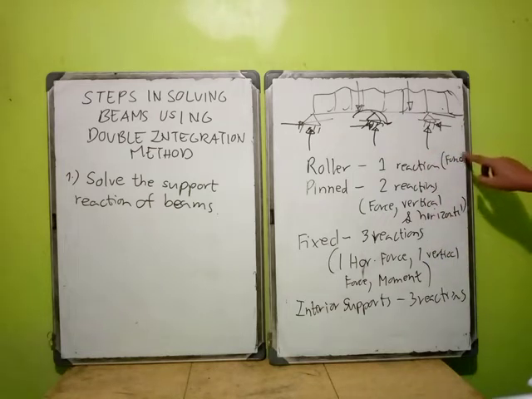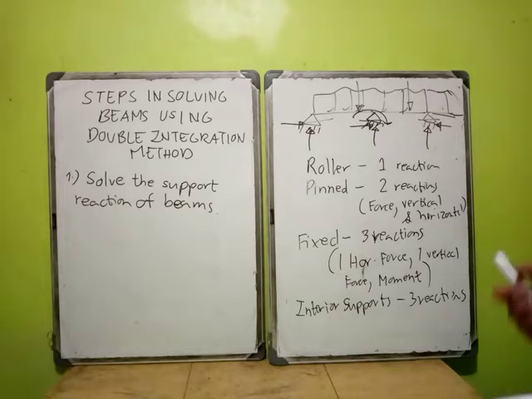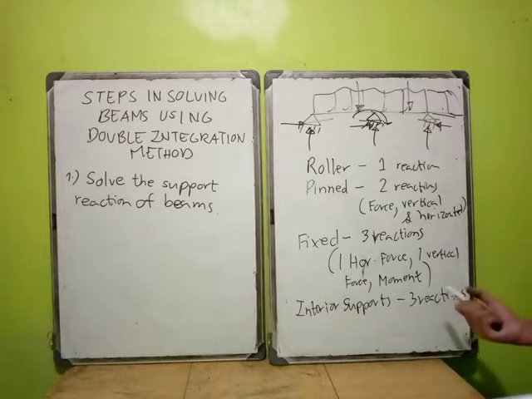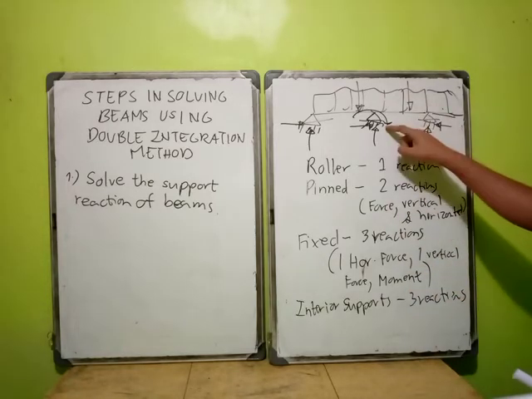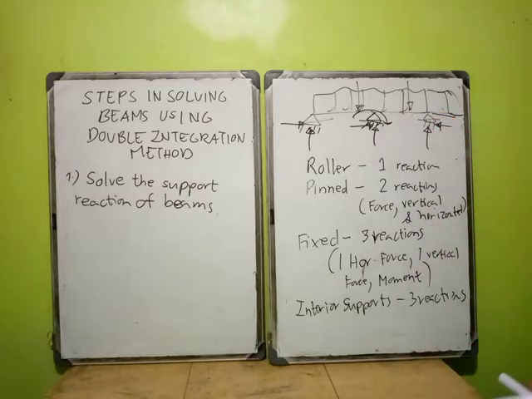It is either a horizontal or vertical force, but not at the same time. Pinned has 2 force reactions, vertical and horizontal. Then fixed has 3 reactions: 1 horizontal force, 1 vertical force, and 1 moment. And then interior supports, regardless of what it is, have 3 reactions.